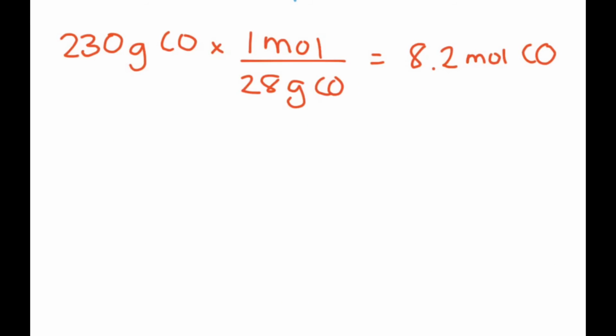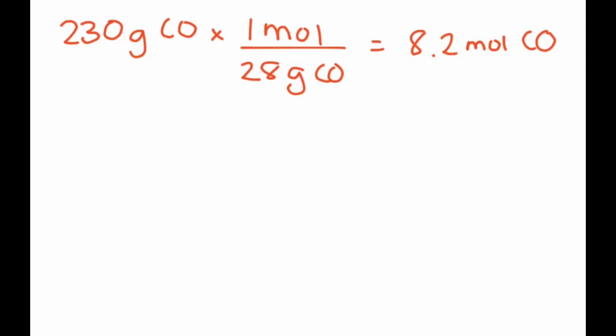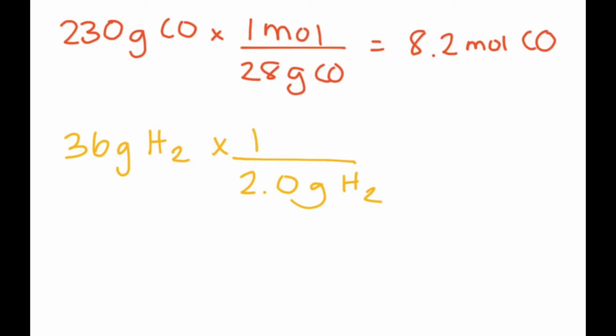Then you do the same thing, but for the hydrogen gas. So it says that there are 36 grams of hydrogen gas, and you need to convert that to moles. So the molar mass of hydrogen gas is 2.0, which is equal to 1 mole of hydrogen gas.